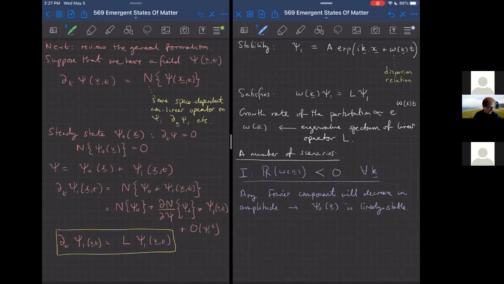Okay, so that's easy. Another possibility that could happen is that the real part of omega of k might be greater than 0, at least for k1 less than k less than k2. What's going to happen is that we'll have something like this.